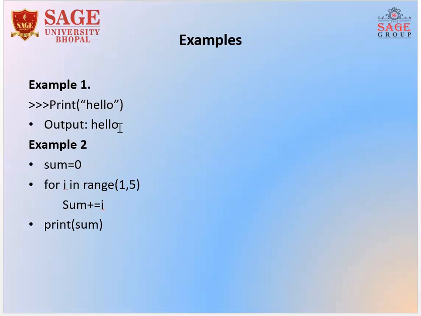You can see here Python code is very concise and readable. This is the print function. The print function simply takes a message in double quotes and prints it to the console. So in this example, the output will be hello.